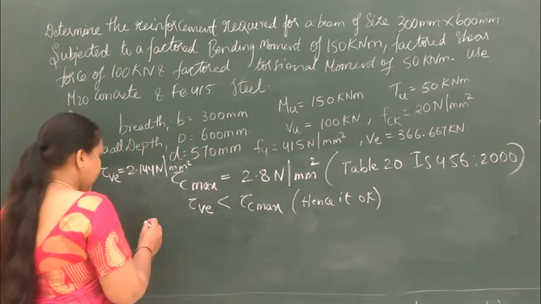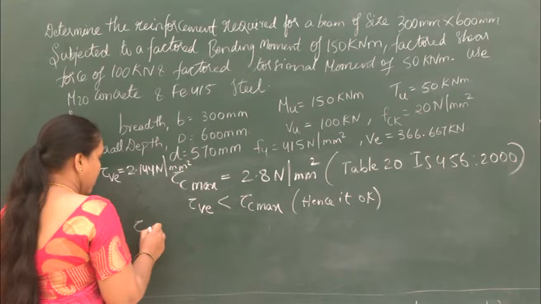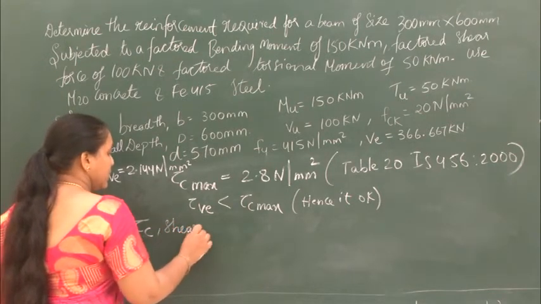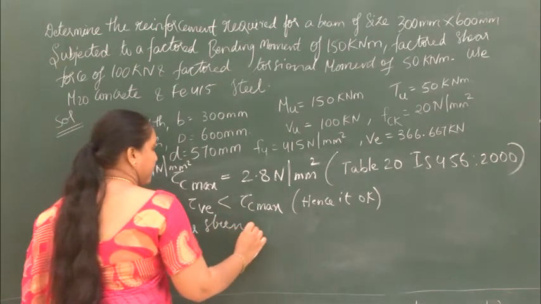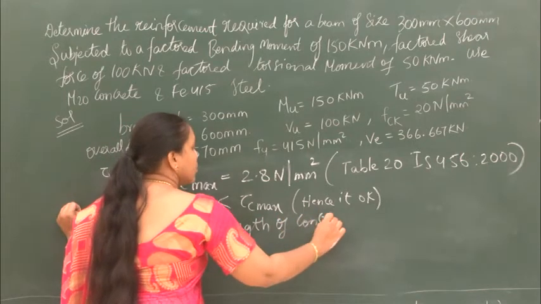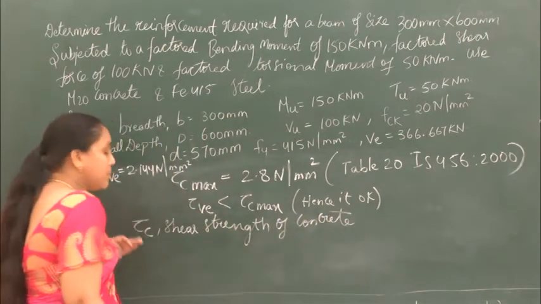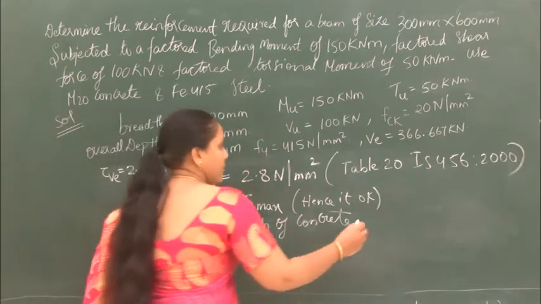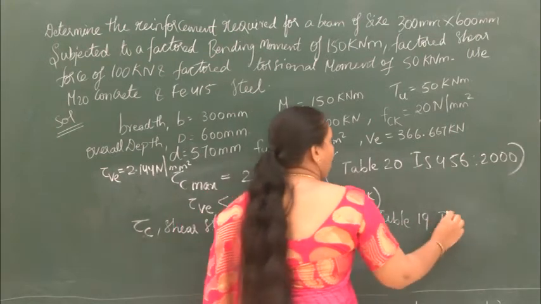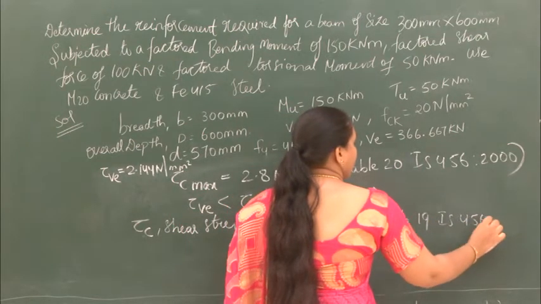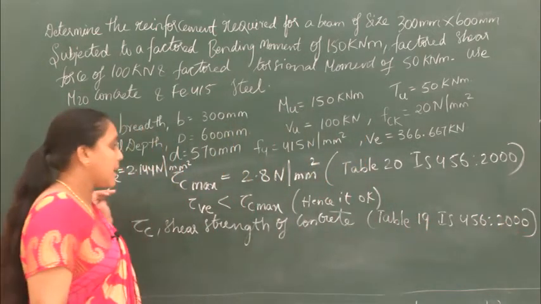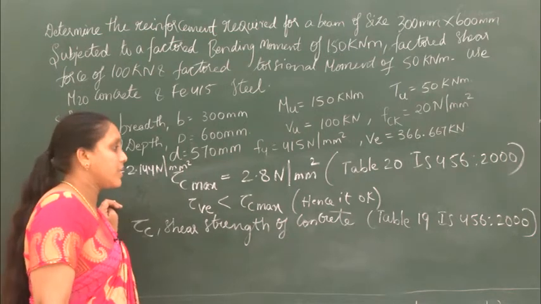So from where will you calculate this tau C? Tau C can be calculated from table 19 of IS 456-2000.